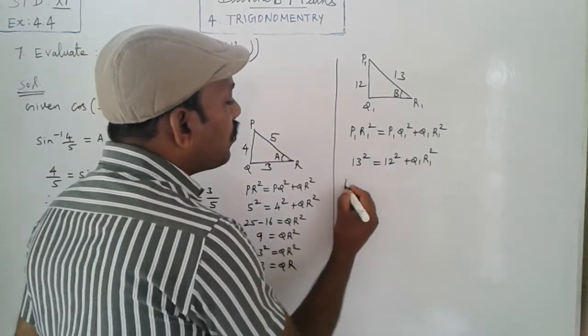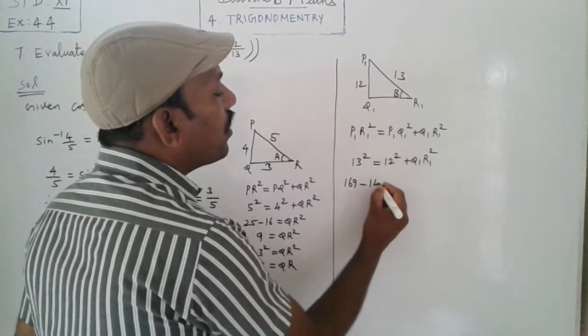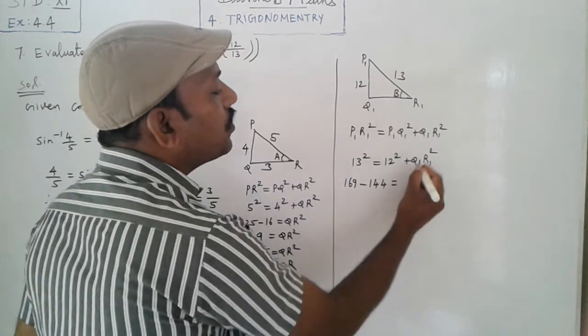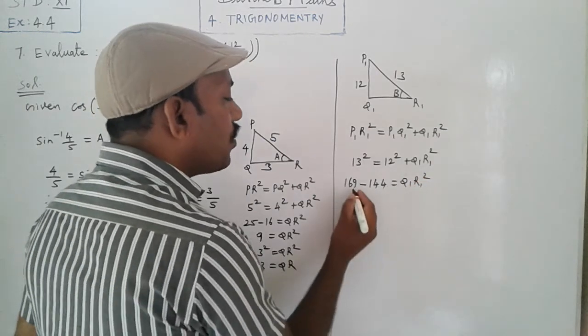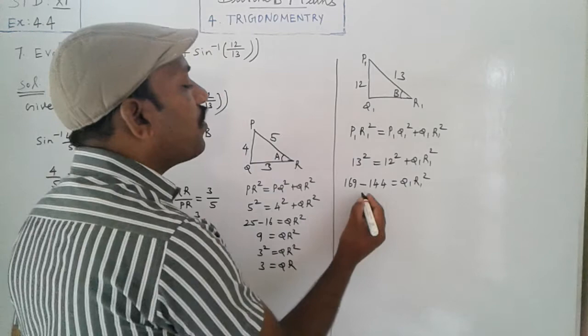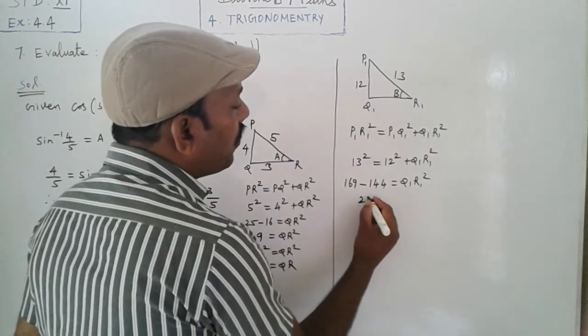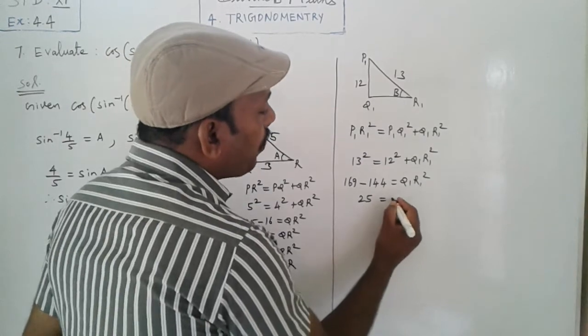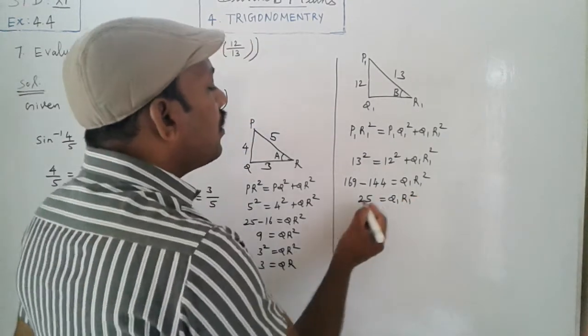So 13 square is 169 minus 12 square is 144 equal to Q1R1 square. So 169 minus 144, subtract, is 25. 25 equal to Q1R1 square.